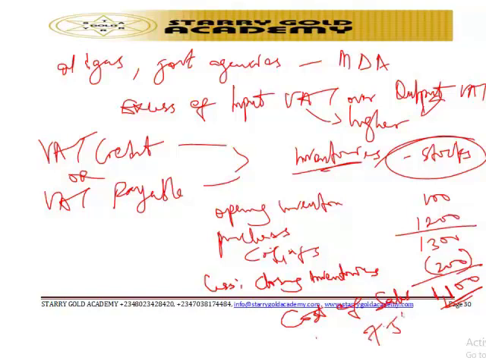So you apply your VAT rate of 7.5% on these 1,100, and you should be having something like 82.5 naira as your input VAT.